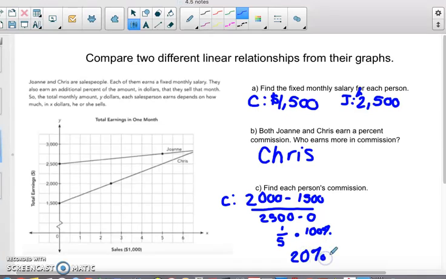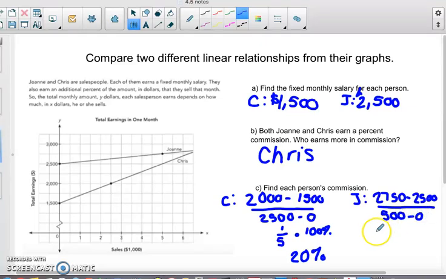And then I want to find Joanne. So I'm going to have 2,750 minus 2,500 over 5,000 minus 0.